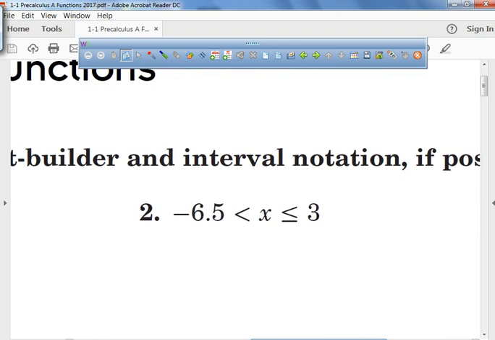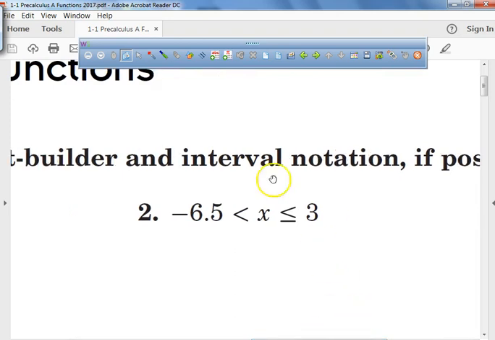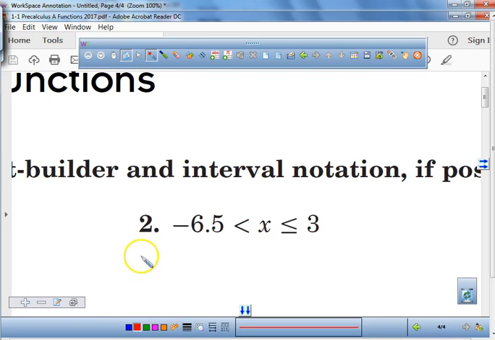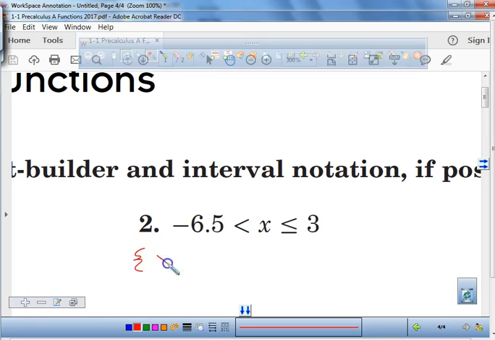Ooh, we have some boundaries here, everybody. Boundaries on number 2. Let's do some set builder notation. All right. Set of all x values such that x is between 3 and -6.5. That part's easy. What is -6.5?